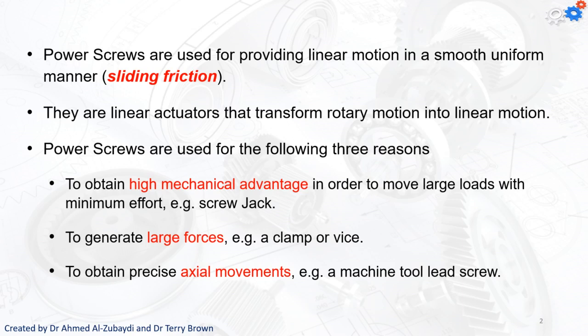Also, to obtain a precise axial movement, and that's what we use in the machine tool lead screw, like what we have in the CNC machine, for example, or even when moving the tool post on the lathe machine. More examples can be found, like some types of 3D printers that also have a lead screw to do the work.